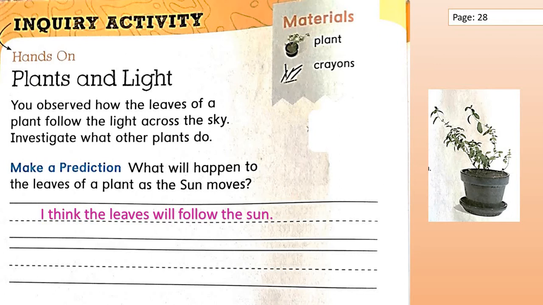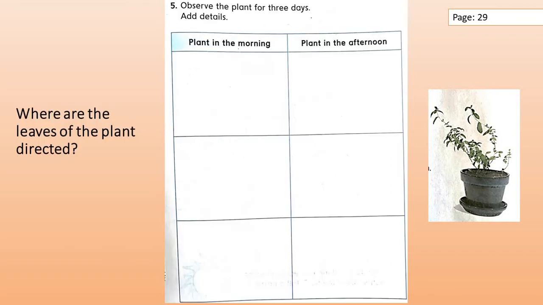Excellent, grade 1. So, grade 1, in your book, page number 29, please observe the plant for 3 days and draw your observation in this table. This is for the first day, the second day, and the third day. And draw the plant here in the morning and in the afternoon.